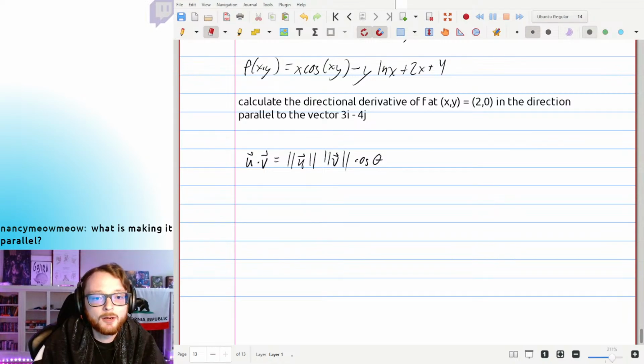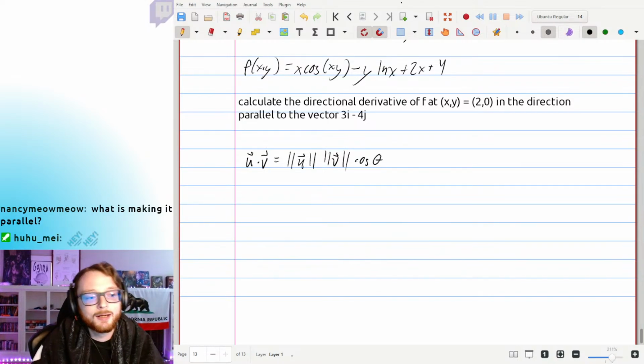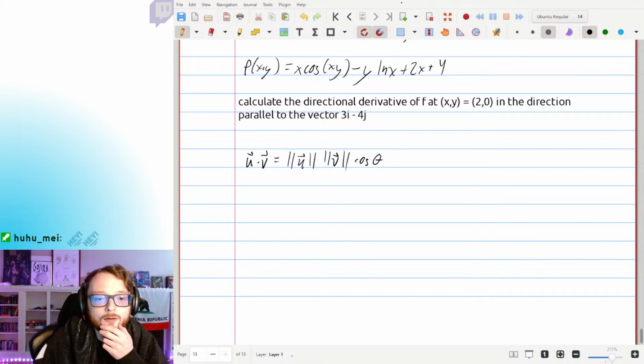And the thing that makes it parallel is actually also the dot product. Woohoo, hey! How are you doing? The dot product basically gets you the component of the, actually let me make sure I'm not gonna misspeak here.